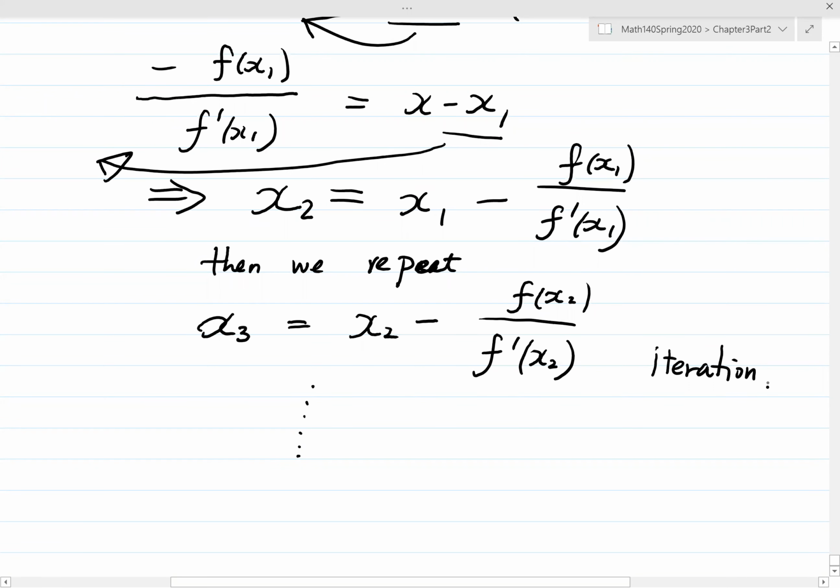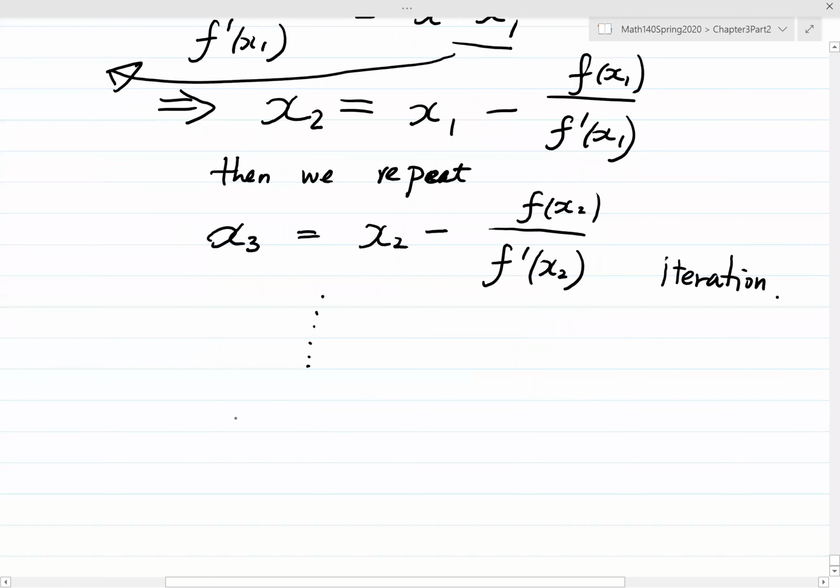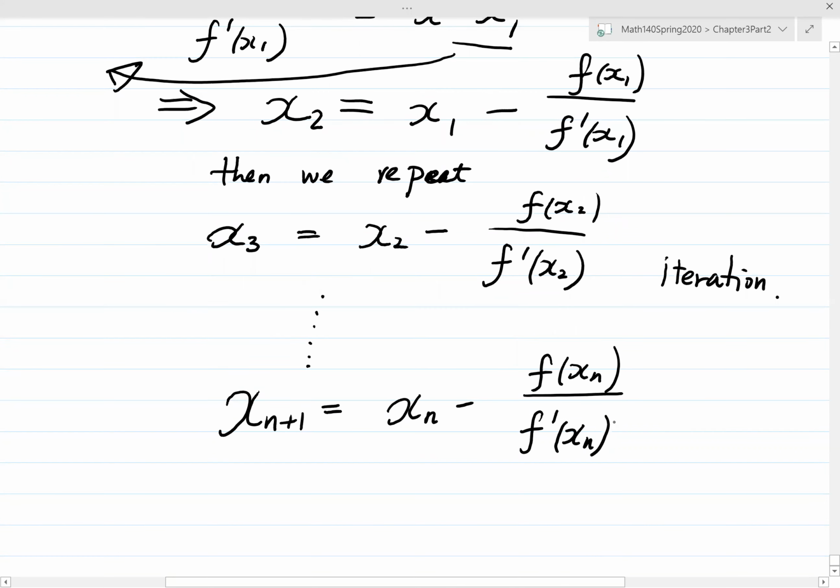The general iteration is x(n+1) equals xn minus f at xn over f derivative at xn.